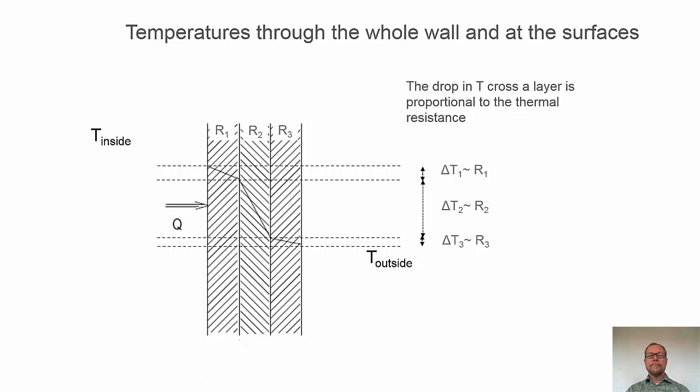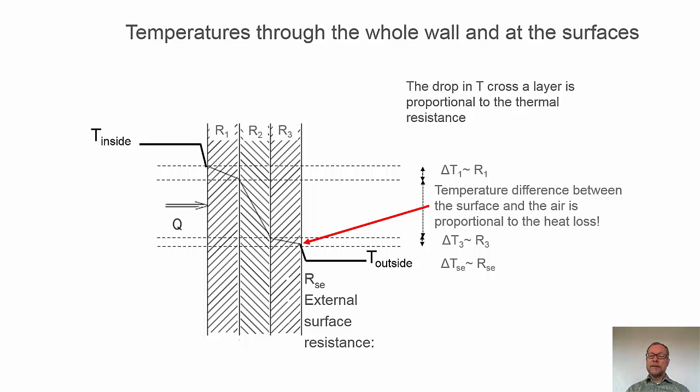If we look at the regular wall, we know that the temperature drop on each layer is proportional to the resistance of each layer. We can also determine that the surface resistance on the external side determines the temperature drop between the outside temperature and the surface. And the same with the inside, we have a temperature drop there due to the internal surface resistance.